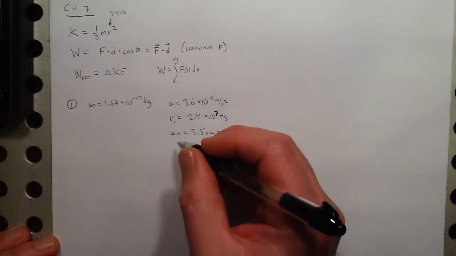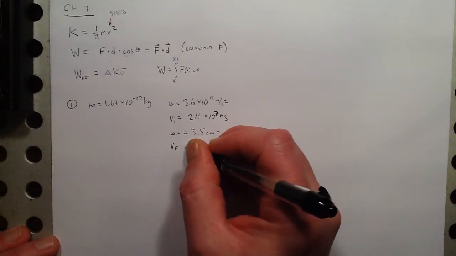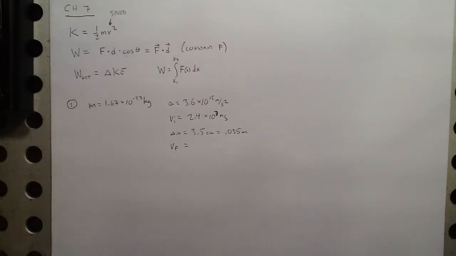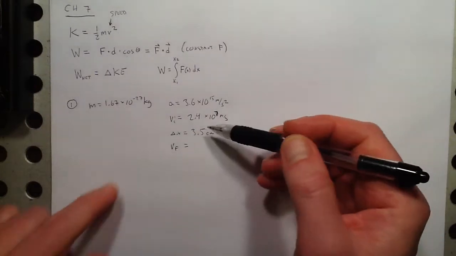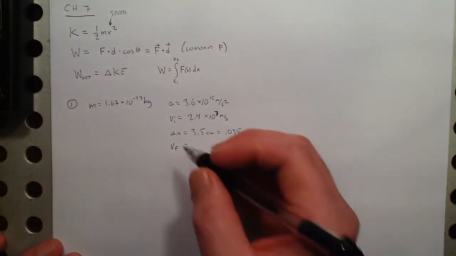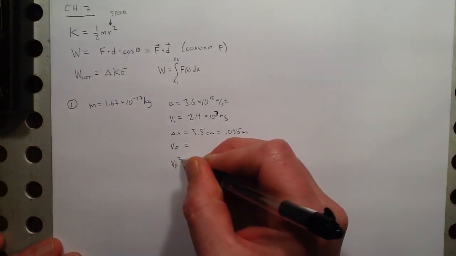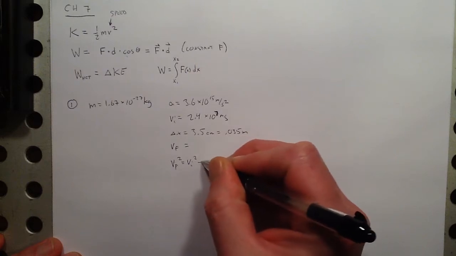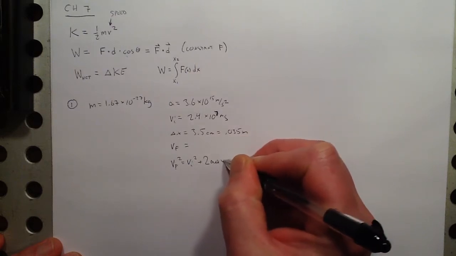Then what's the final speed? So they're asking for A, what's its final speed? And then what's the increase in kinetic energy? All right, well, this looks awfully like kinematics, doesn't it? So here, Vf squared is equal to Vi squared plus 2A delta x.